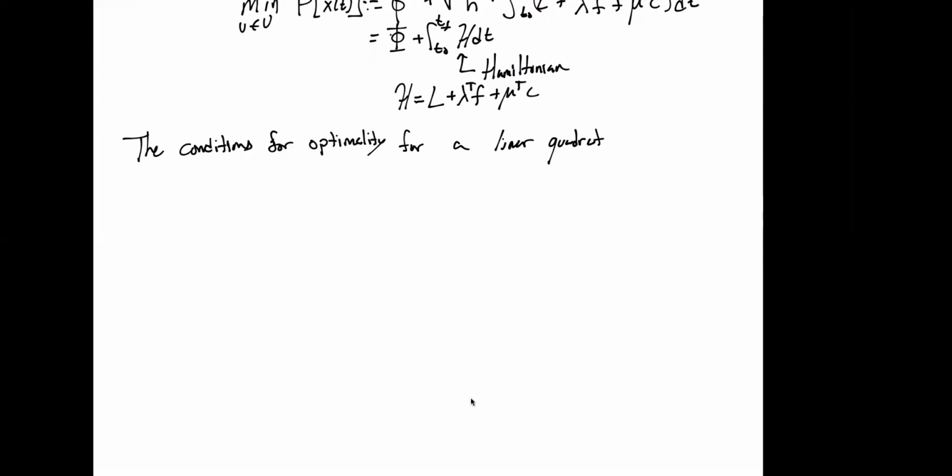So the conditions for optimality for a linear quadratic problem are given by the following.